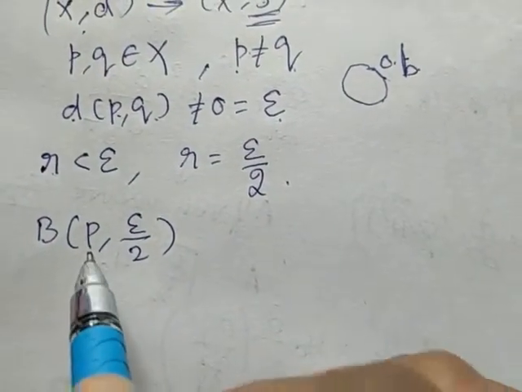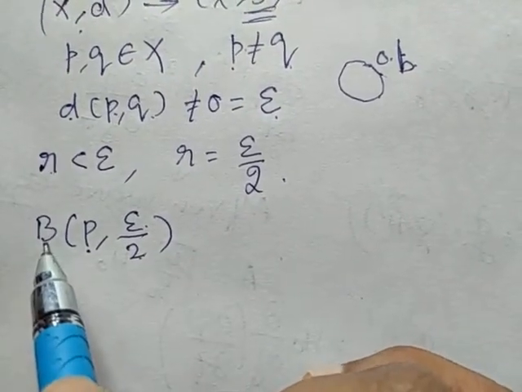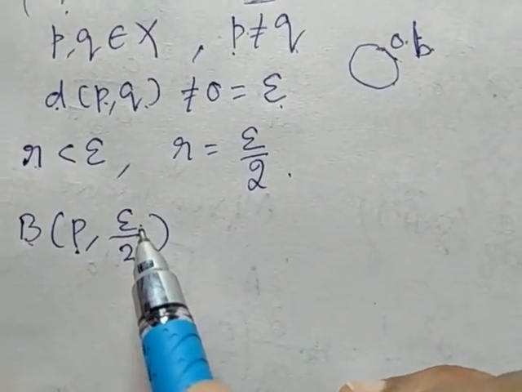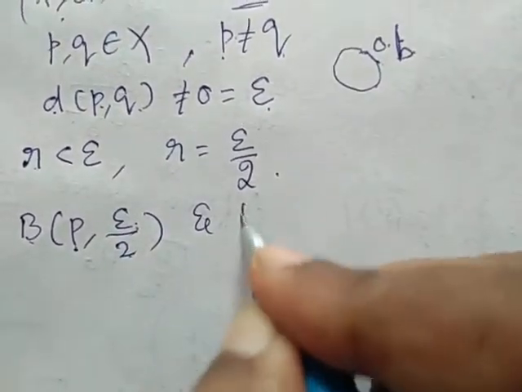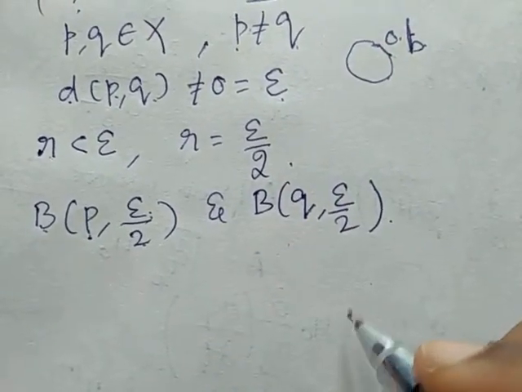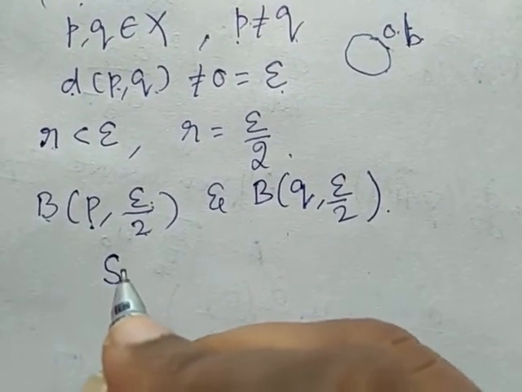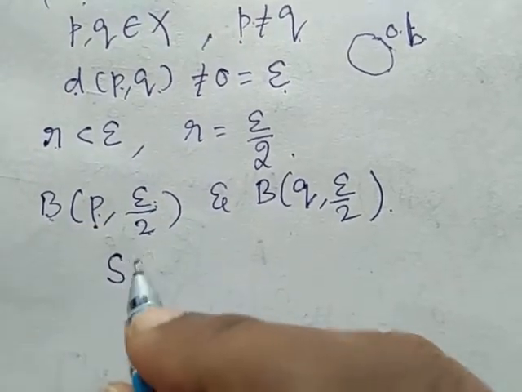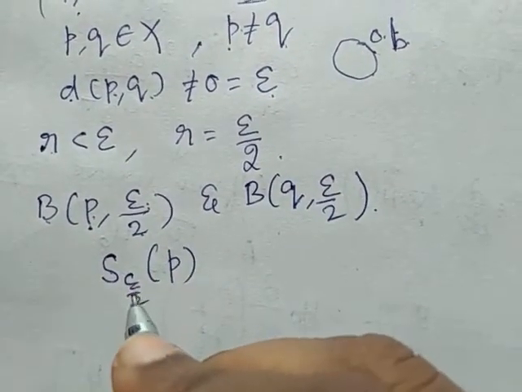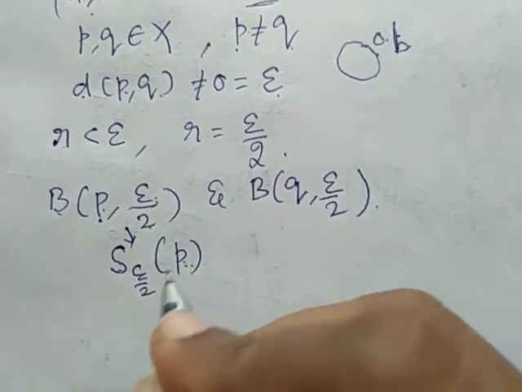The very first point will be the center of the ball and then the radius. So the ball with center P and radius epsilon by 2, and another ball with center Q and radius epsilon by 2. The same thing we can write as the open sphere of radius epsilon by 2 with center P. Both are one and the same.